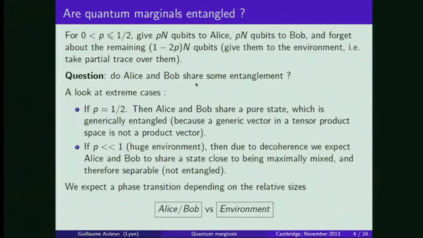At the other extreme, if P is very small, which means that the environment is huge, then we expect, because of decoherence, Alice and Bob to share a state which will be very mixed, very close to maximally mixed, and therefore it should be separable. So by looking at these extreme regimes, we expect maybe a phase transition between these two behaviors, and this transition should only depend on the relative size of the Alice-Bob subsystem with respect to the environment.